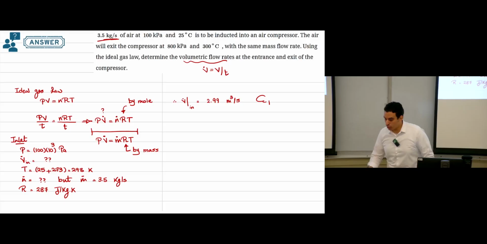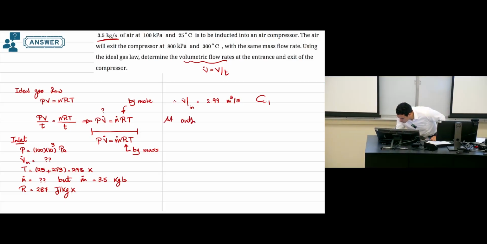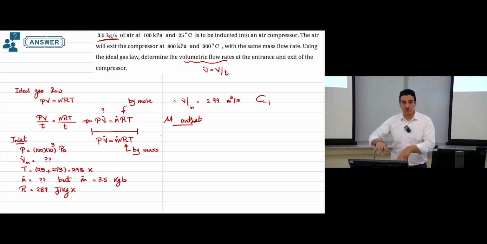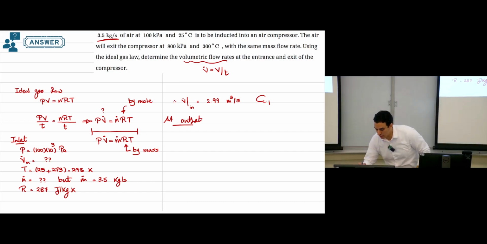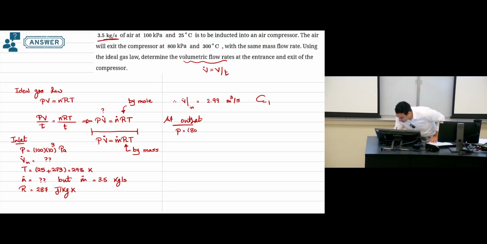And we can go to the outlet. Substitute in the same equation with the conditions at the outlet. What are the conditions at the outlet? The pressure is 800 times 10 to the power 3 Pascal. Temperature is 300 degrees Celsius plus 273, so this will be 573 Kelvin.